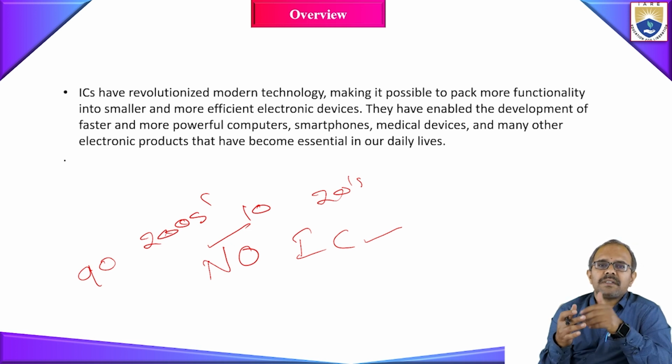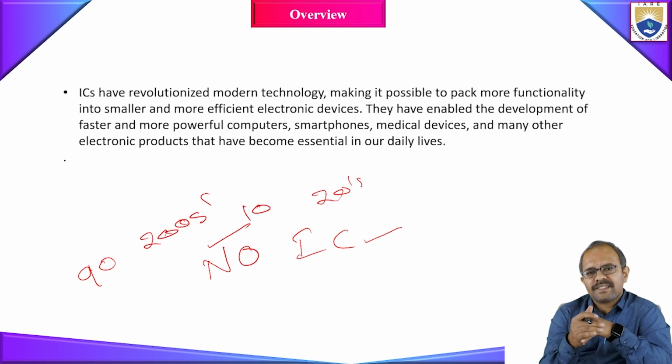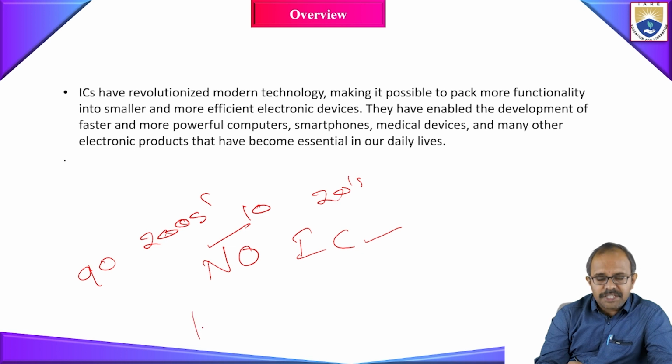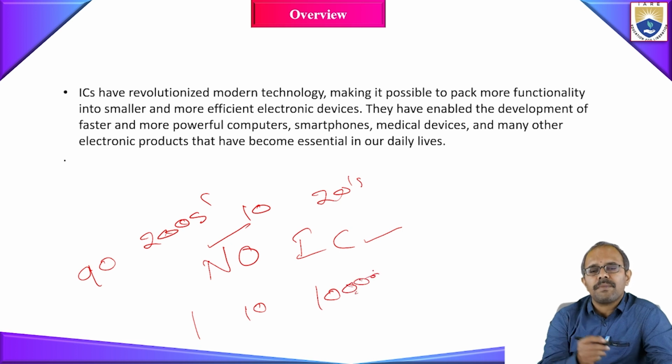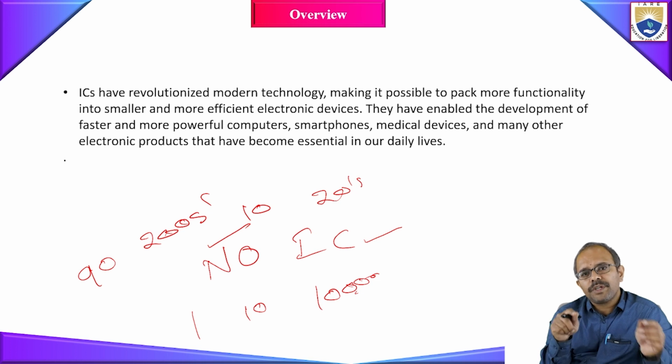It is all about the design or fabrication of your IC, how you are going to design your IC. You can design an IC for one operation, or you can design an IC to perform 10 operations, or 1000 operations. It all depends on the components that we use in the fabrication of your IC.